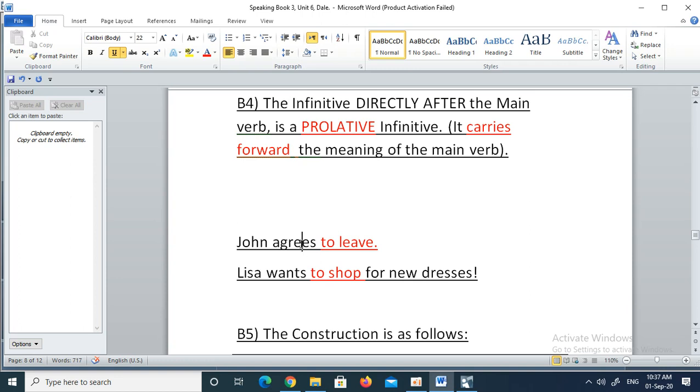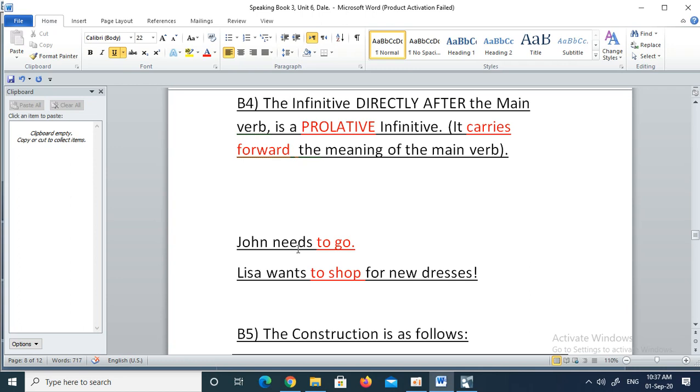If I say, John needs to go, again, we have a prolative infinitive. Your infinitive is to go, and it carries forwards the meaning of your main verb.